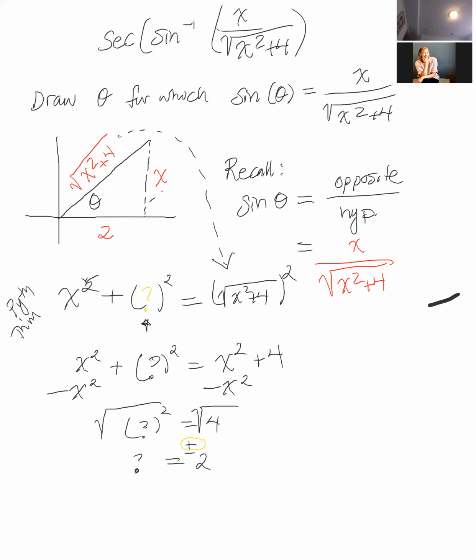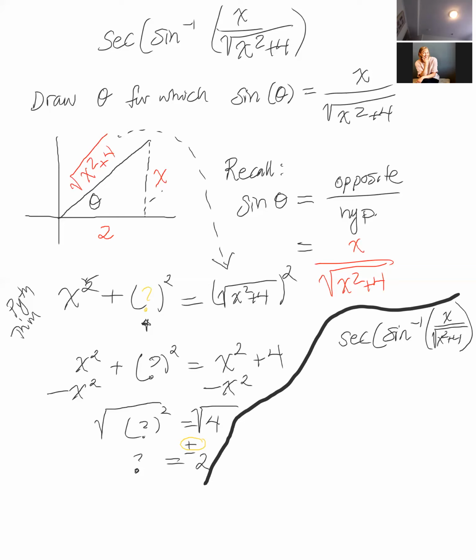Because I know that, I can say that the secant of inverse sine of x over the square root of x squared plus 4. Oop, almost out of room there. This is theta. This is my angle theta. So this is equal to the secant of theta.